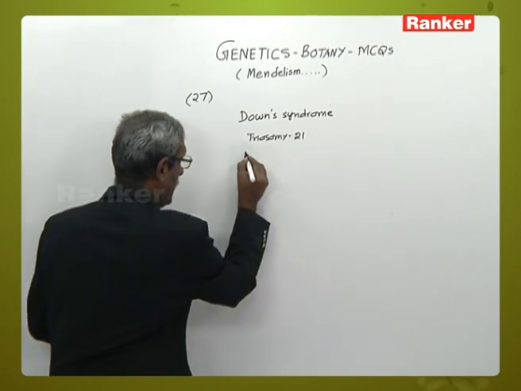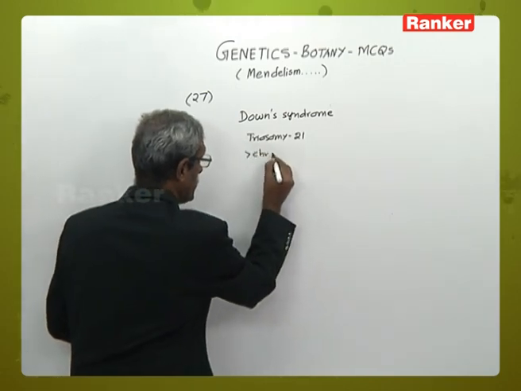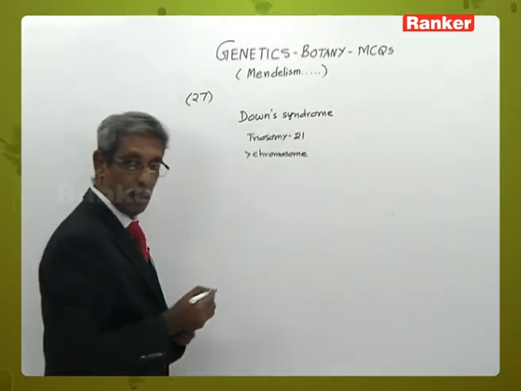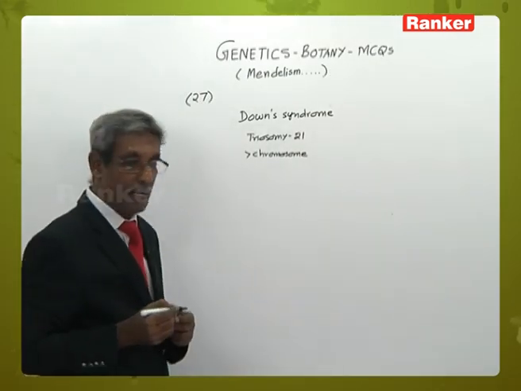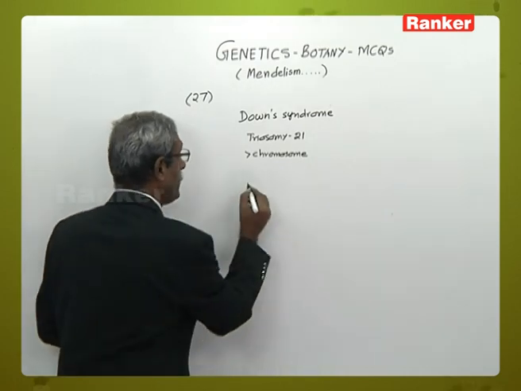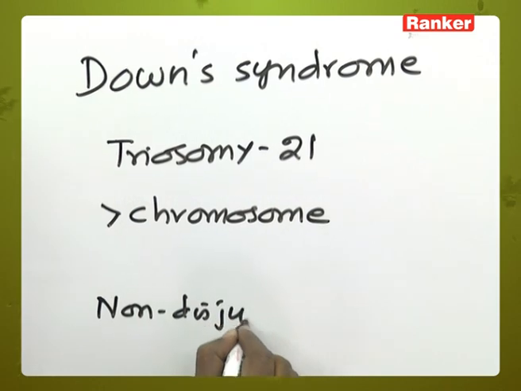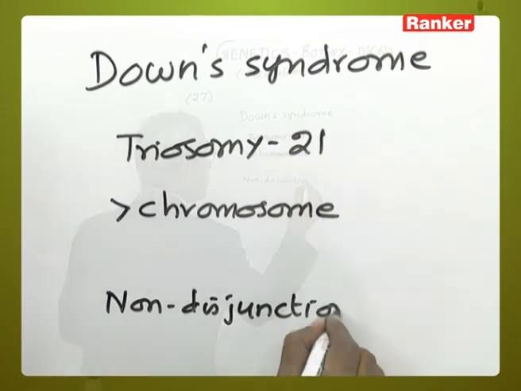So we have an increase in the chromosome complement. The increase in the chromosome complement is primarily attributed to non-disjunction, that is non-segregation of the chromosomes.